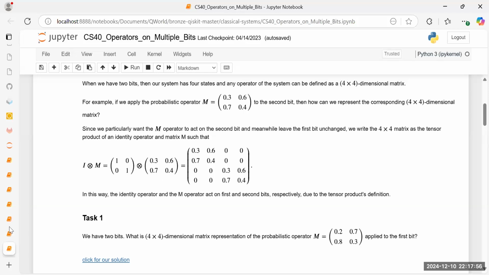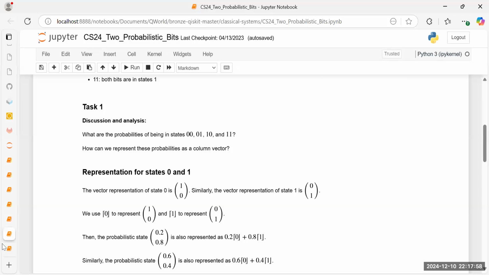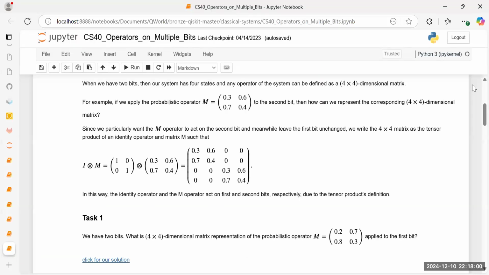So if we are to combine our probabilistic bits, such that we have the composite system you see here, we have four entries here. So if that is the case, we can also combine our operators. So now we have a 4x4 matrix and a four-dimensional vector, and we can now perform the matrix vector multiplication to alter the entries in our probabilistic state.